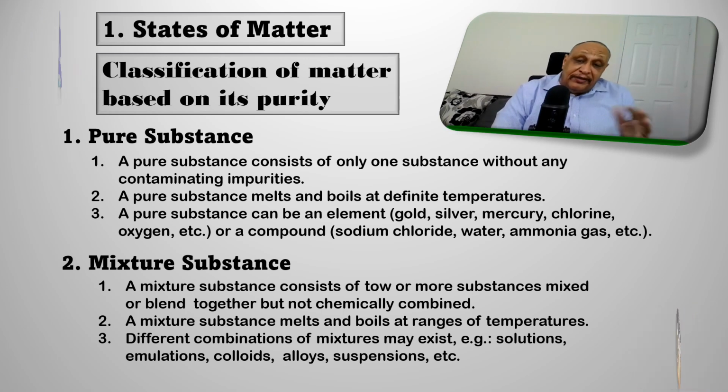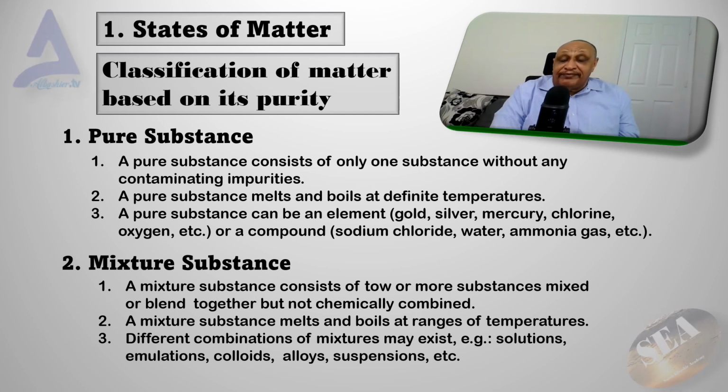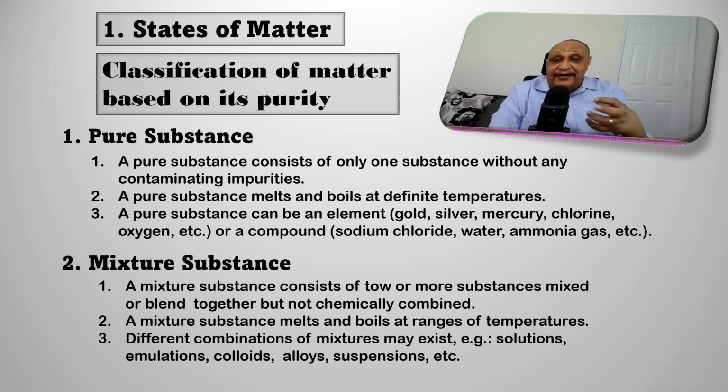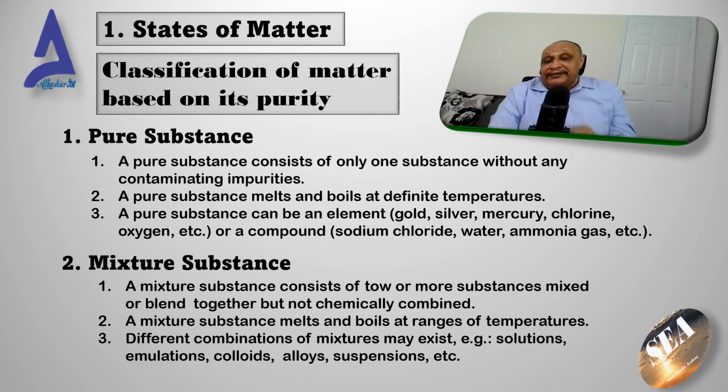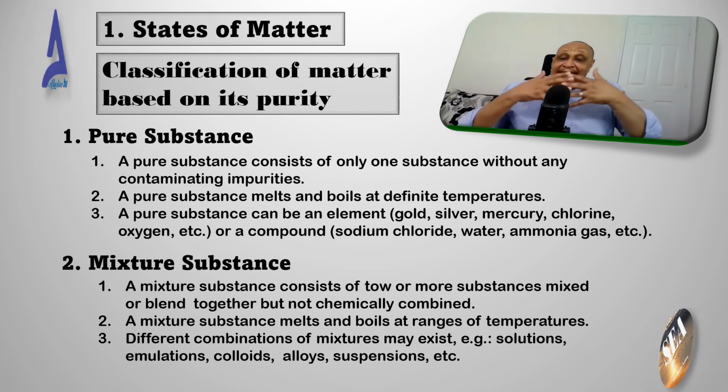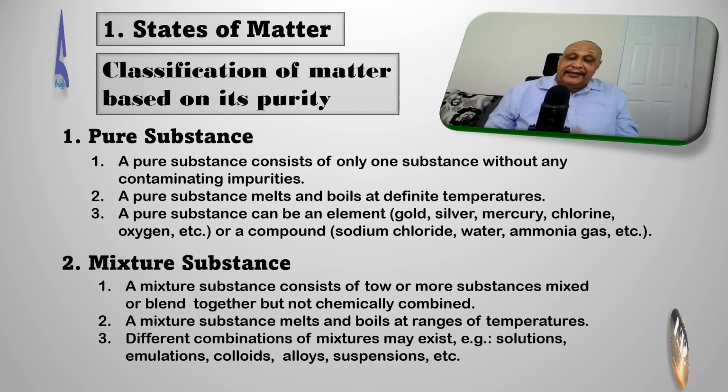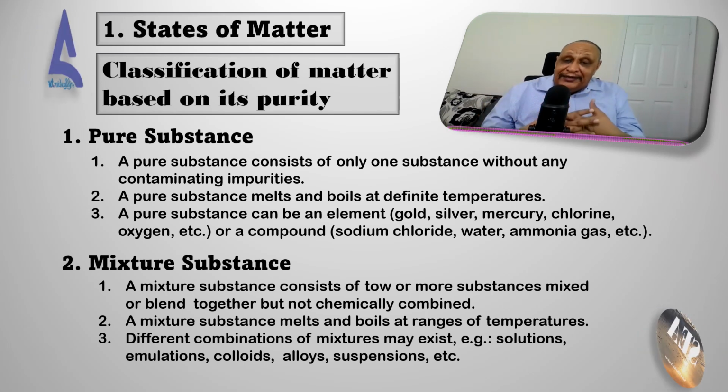I'm talking about the pure one. Water, ammonia gas. All these are compounds made of different types of atoms, and they are chemically bonded. That means they are chemically attracted and tied to each other.